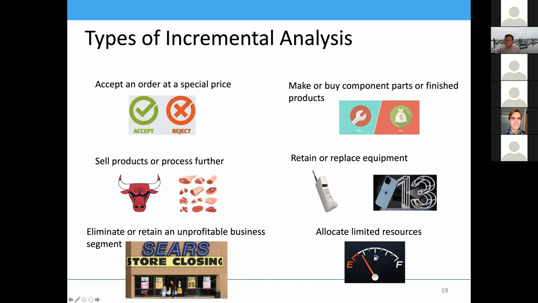The company has only limited resources, right? How are they going to use these resources, their machine hours, their labor? They can use them for different products, different production lines. So they have to decide how to allocate these limited resources to optimize their benefit.